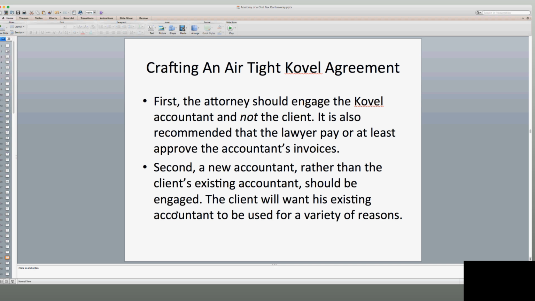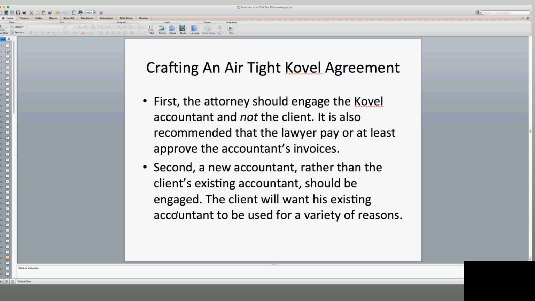First, the attorney should engage the Kovel accountant and not the client. And I realize that this is going to create difficulty with record keeping and bill paying and what have you, and collecting, not the least of which, of course, from the client. But the attorney should engage a Kovel accountant. It's also recommended that the lawyer pay or at least approve the accountant's invoices.